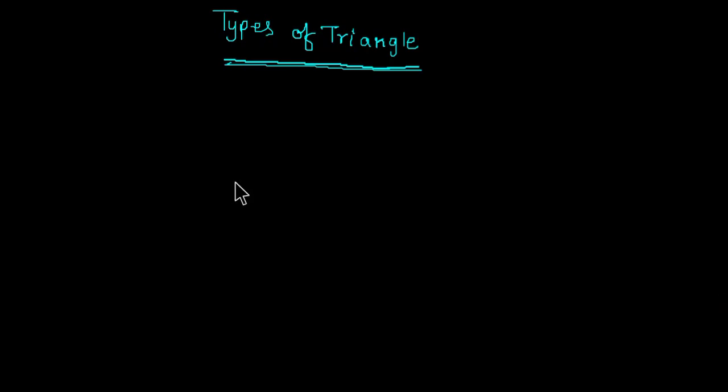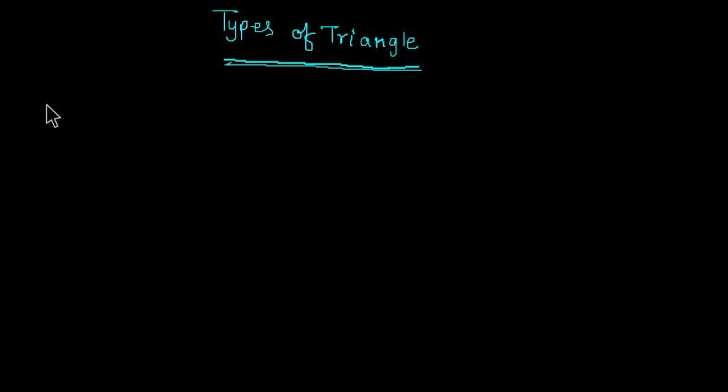In this video, we are going to learn about the types of triangles. We can divide the triangles on the basis of two things, two types.